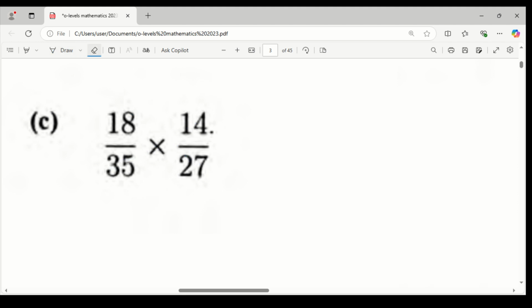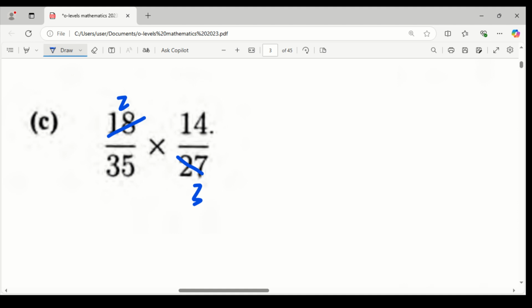So here you look for a number which can enter into 18 and also enter into 27, and that number is 9. 9 into 18 is 2, 9 into 27 is 3. You can look for a number which can enter in the other diagonal.